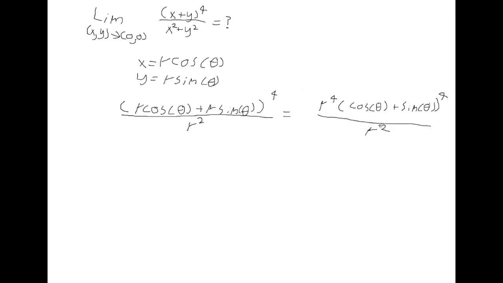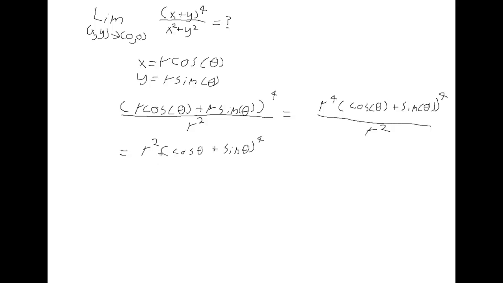So the r squared and the r to the fourth, you can just use your basic algebraic rules of powers to simplify this entire equation down to r squared times cosine theta plus sine theta to the fourth.